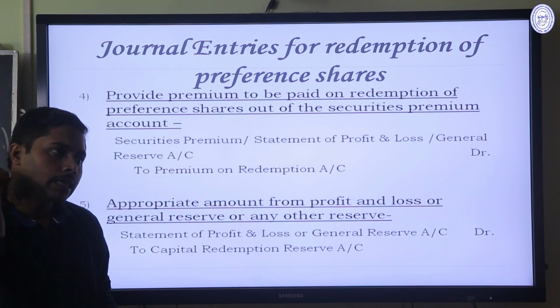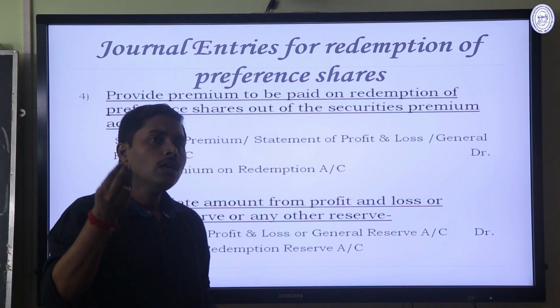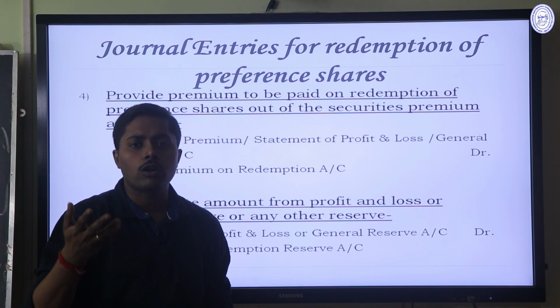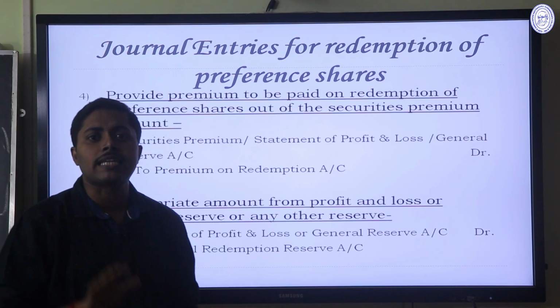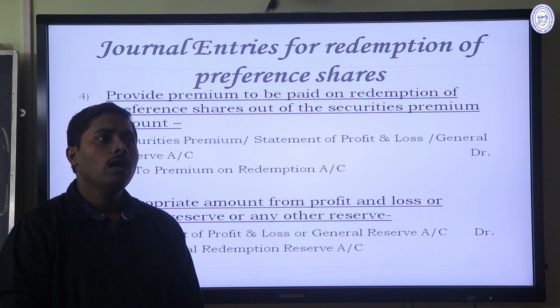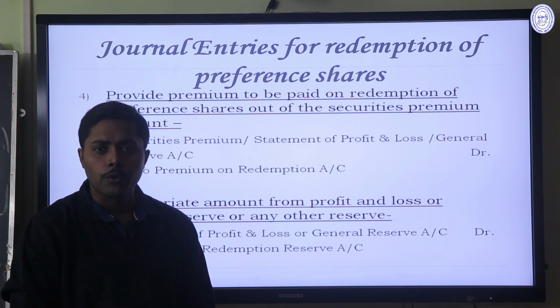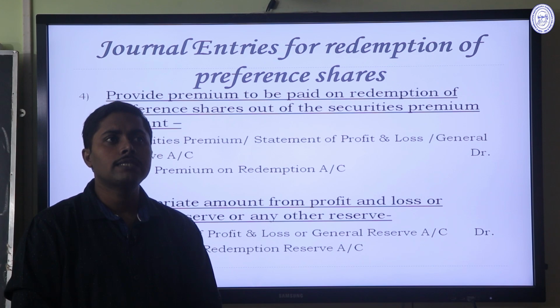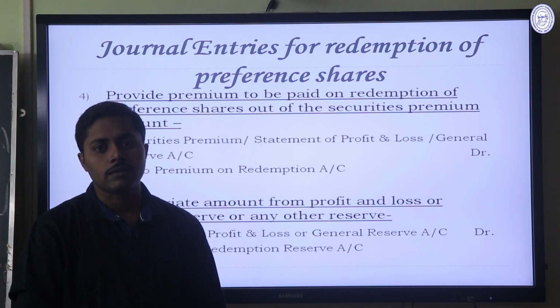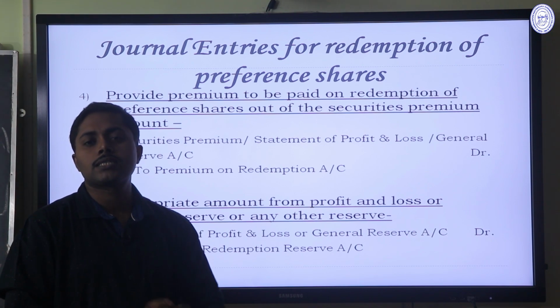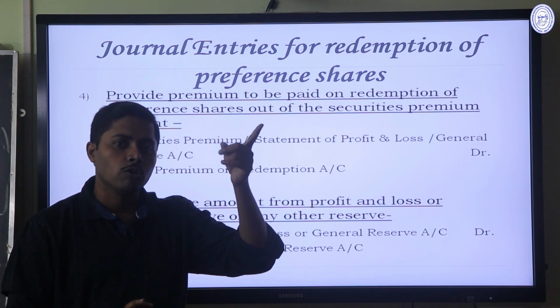Now, let me give you one example. Suppose the total amount to be paid for the purpose of premium on redemption is 10,000. Suppose you have 2,000 rupees in securities premium, 6,000 rupees in profit and loss and 10,000 rupees in general reserve. First, you will adjust premium on redemption against securities premium.